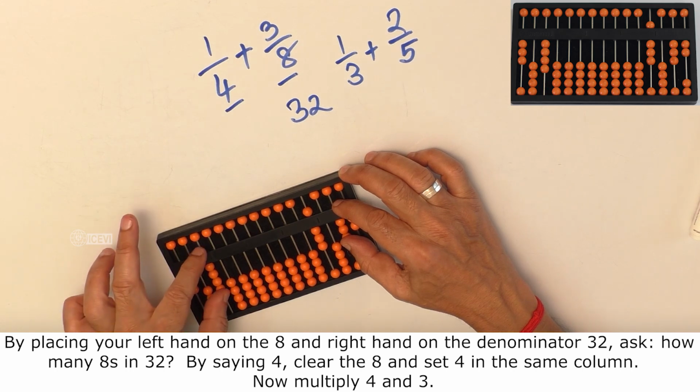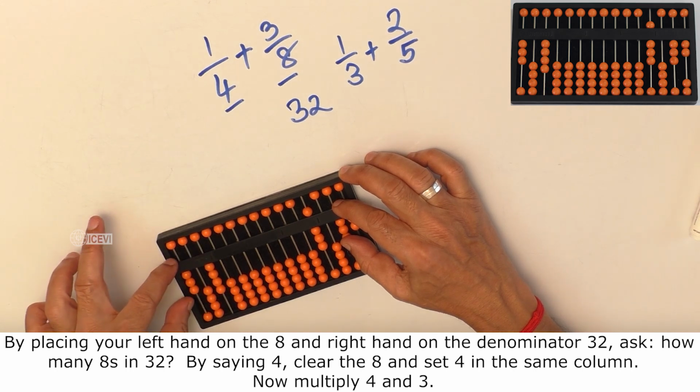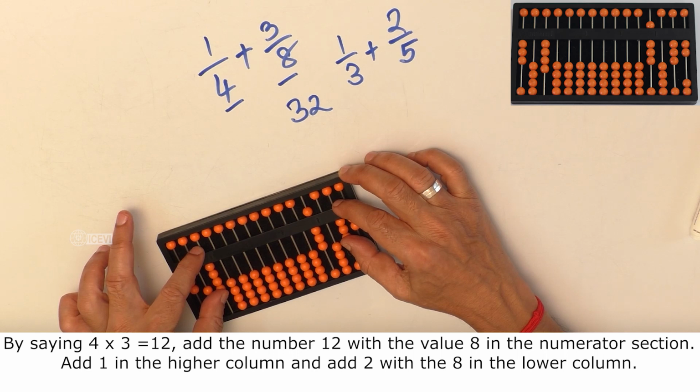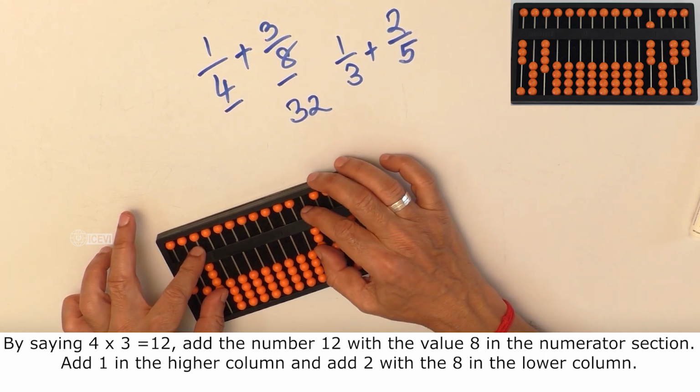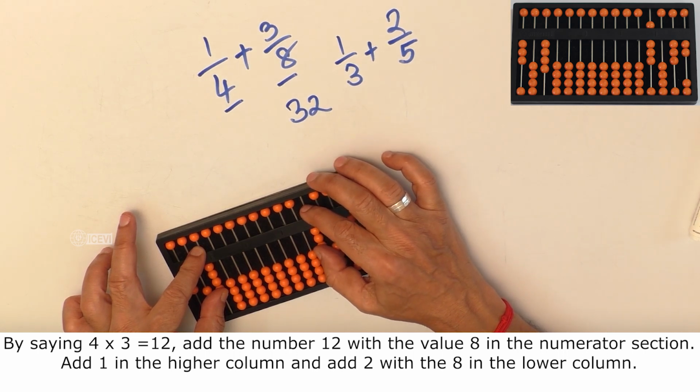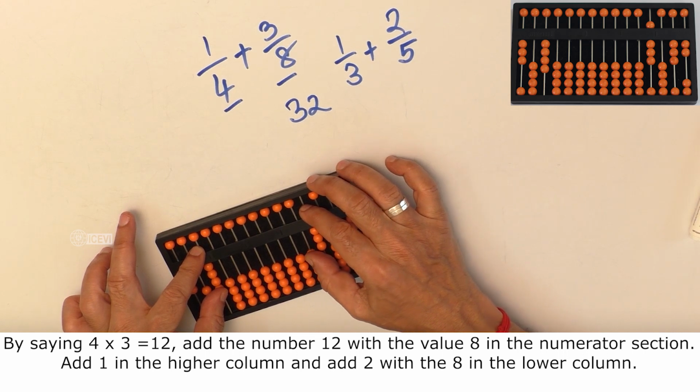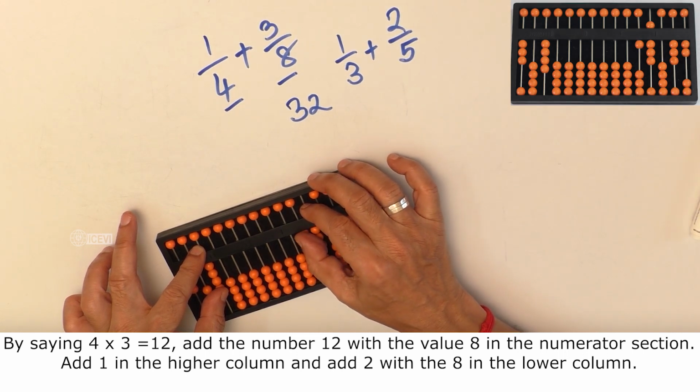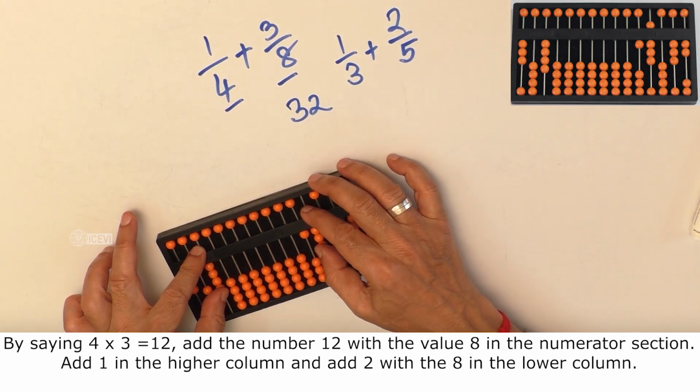Now multiply 4 and 3, which is 12, and add the number 12 with the value 8 in the numerator section. Add 1 in the higher column and add 2 with 8 in the lower column.